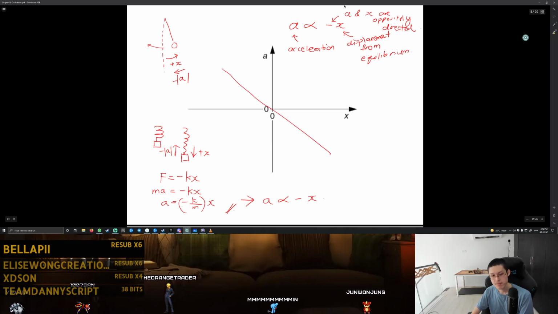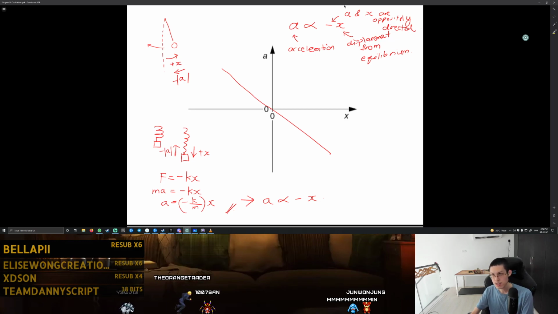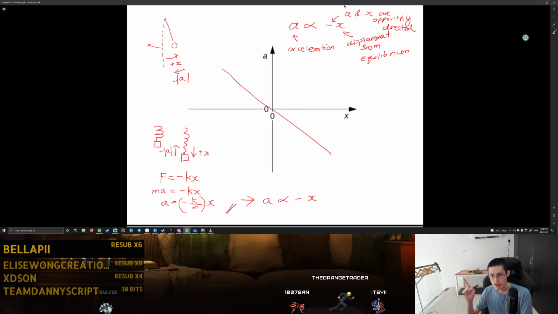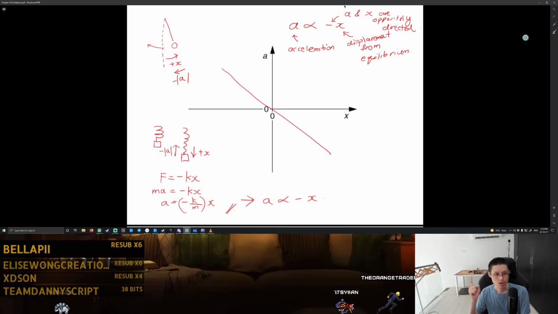Like so. In fact, if you work this out, you would get a second order linear differential equation. You wouldn't learn how to solve that in A levels, only if you're doing further math. In the last chapter of pure math, you will learn how to solve second order differential equations.